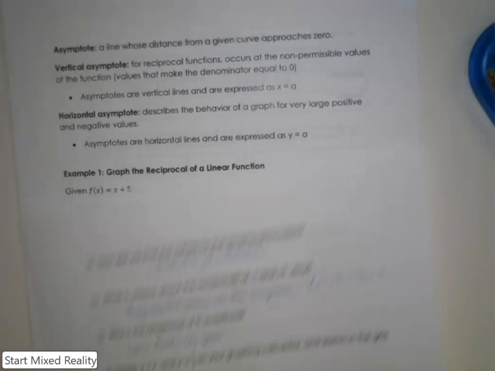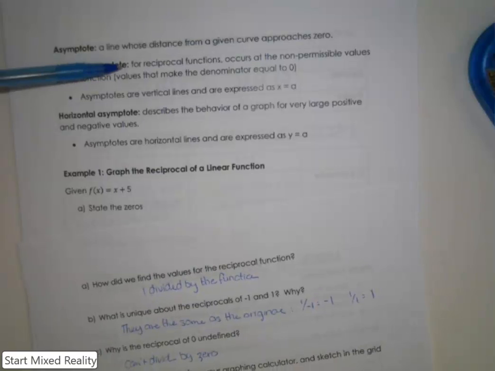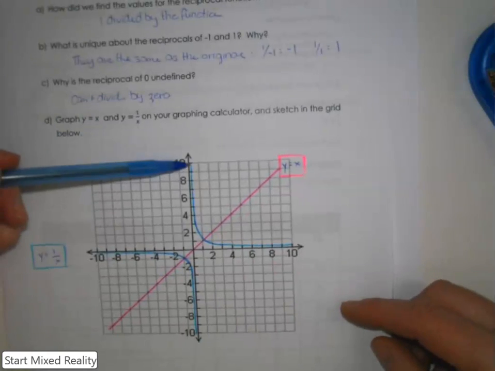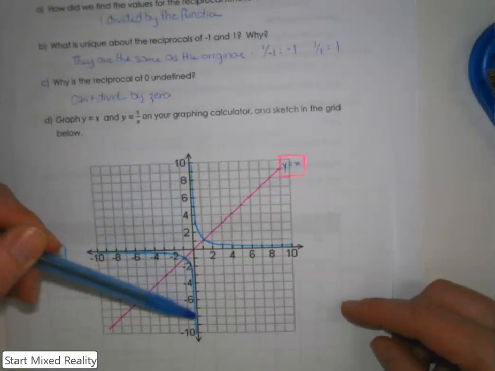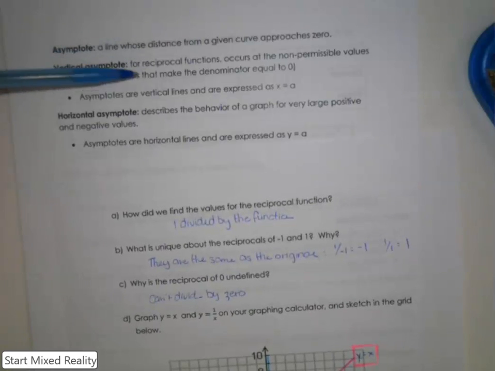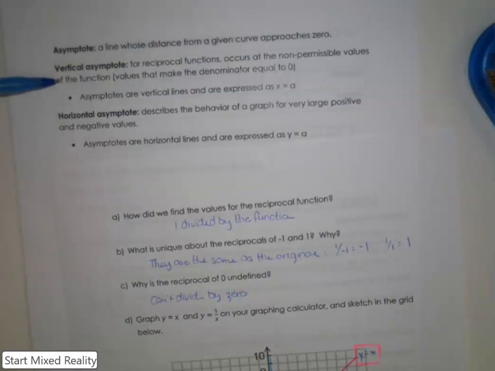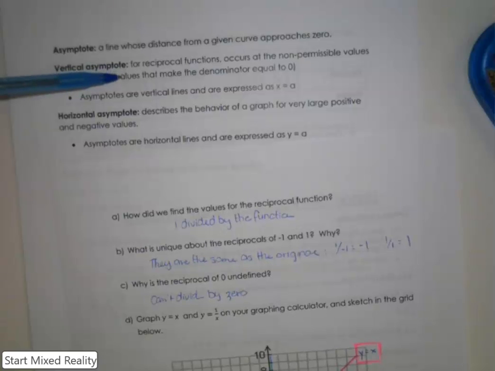The next definition is a vertical asymptote, which for reciprocal functions isn't always going to be our y-axis. It could be any value of x, and it's always going to occur at the non-permissible values of the function, any values that would make the denominator of the reciprocal function equal to 0.